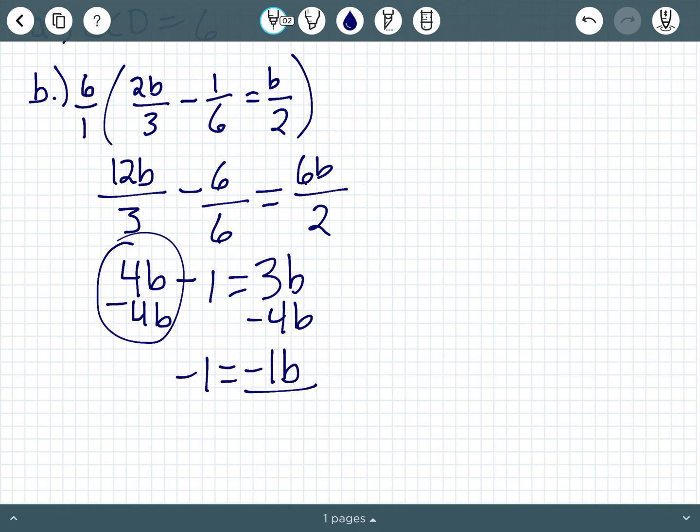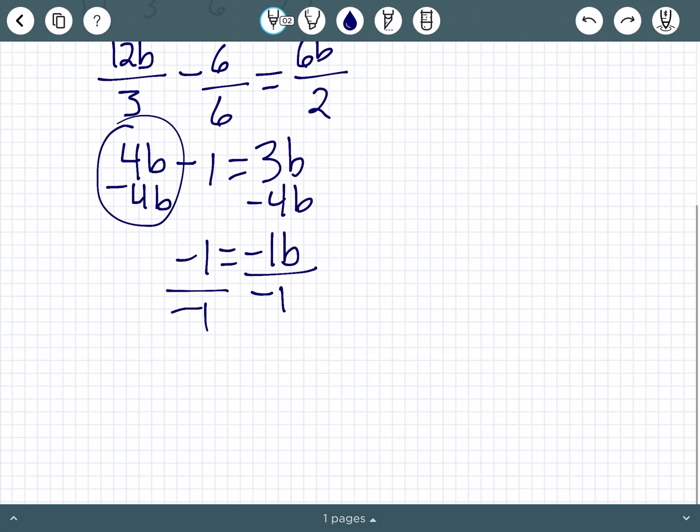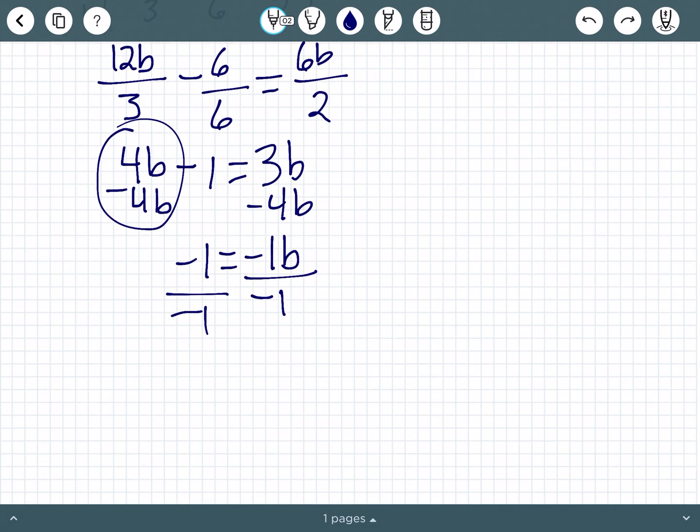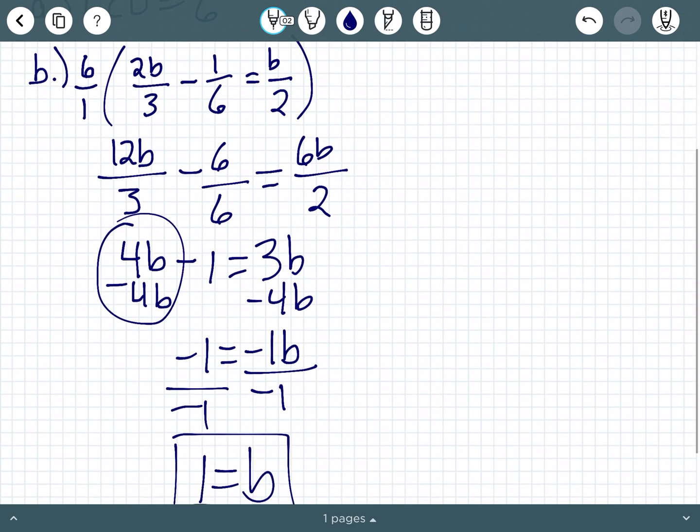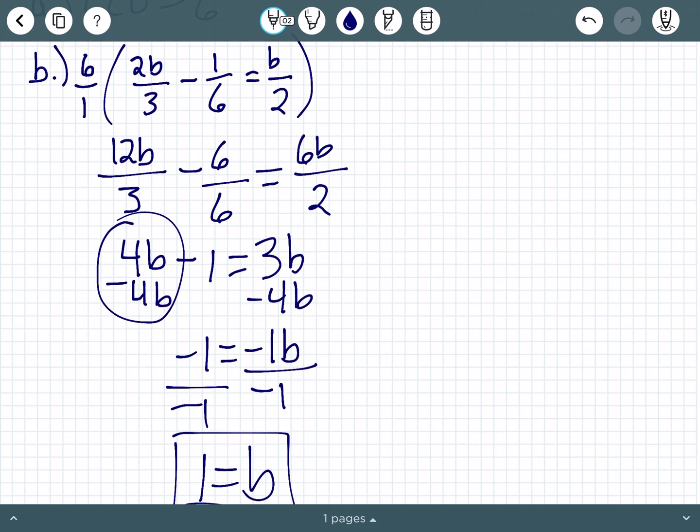So I could divide by negative 1 on each side, which gives me negative 1 divided by negative 1, which is a positive 1, and that equals b. Okay, so we found our equivalent equation without fractions.